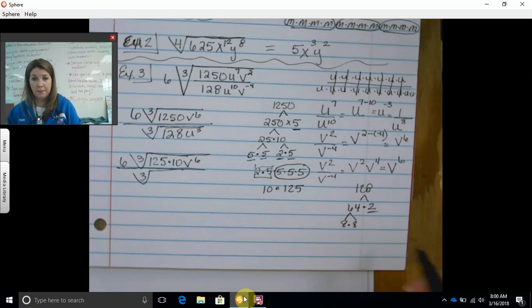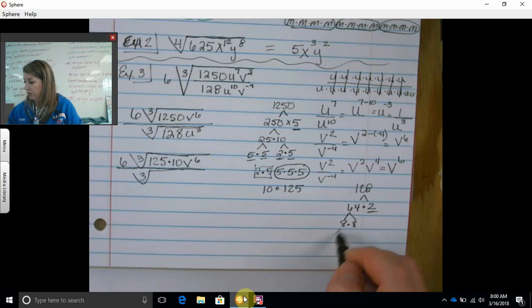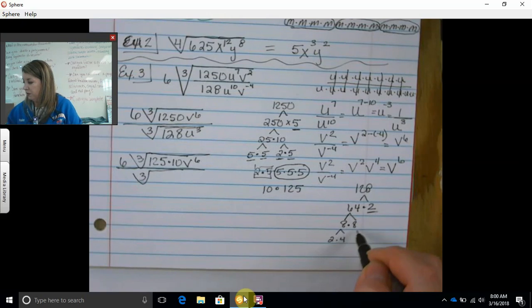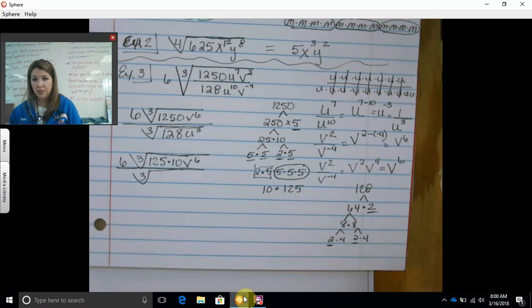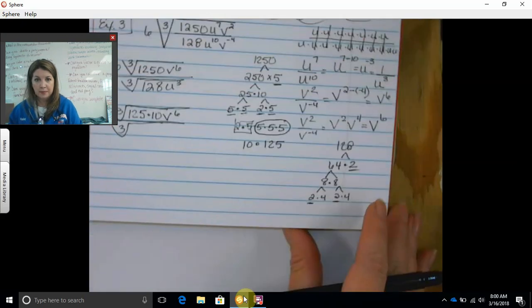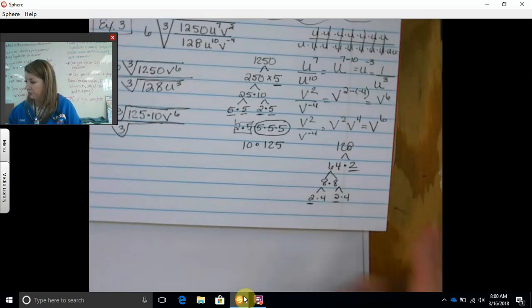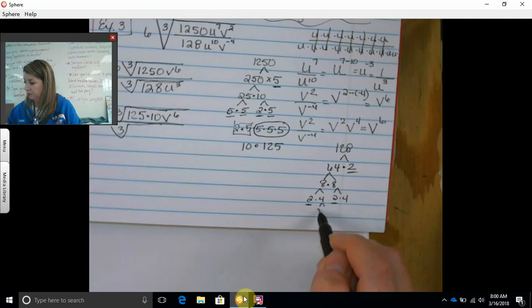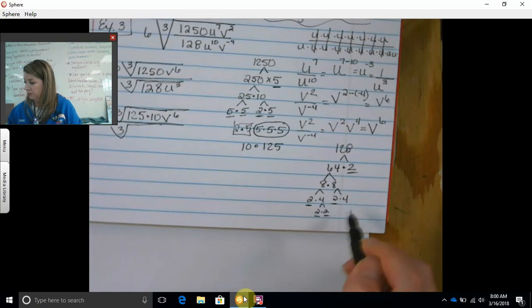Is 8 prime? No. What are factors of 8 besides 8 and 1? 2 and 4, and both of those we got to break down to 2 and 4. 2's prime. Is 4 prime? Nope. Factors of 4 besides 4 and 1. 2 and 2.